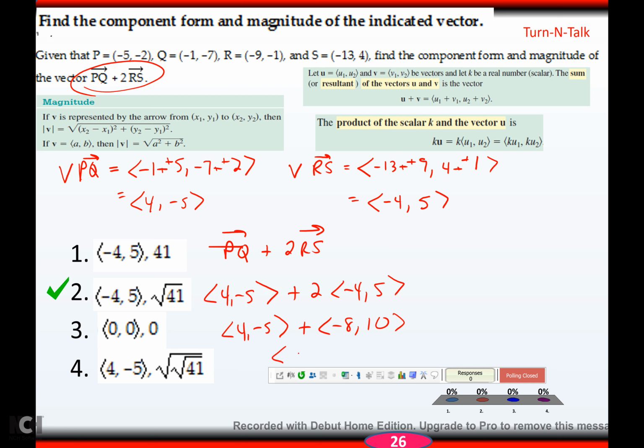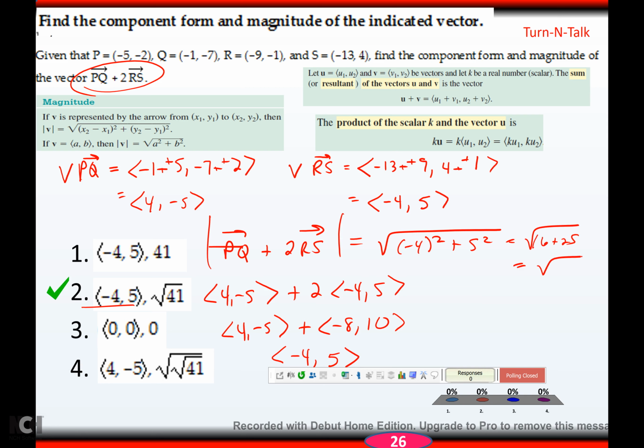And that's going to give me 4 plus a negative 8 is negative 4. Negative 5 plus 10 is 5. So there's my component form. The magnitude of that is going to be the square root of a squared plus b squared, which is 16 plus 25, which is the square root of 41.